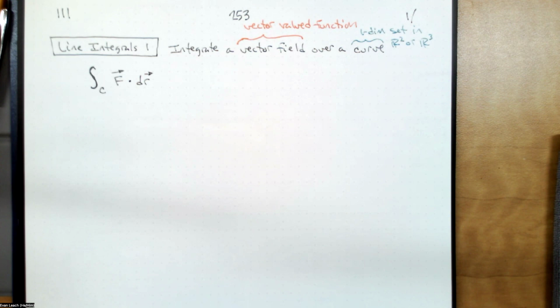It doesn't have to be just in R2 or R3, but we are going to be working in R2 or R3. So the curve is just going to be a one-dimensional set in R2 or R3.